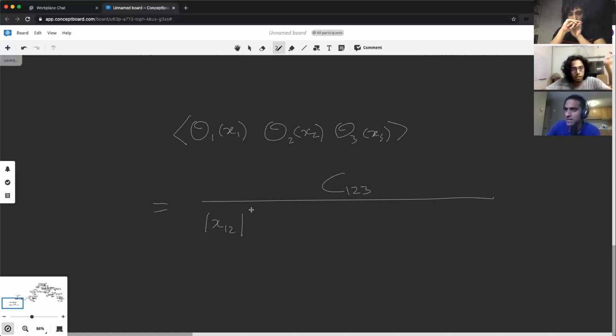So you have these differences, and I'll write these down as delta: delta 1 plus delta 2 minus delta 3, then x 2,3 to the delta 2 plus delta 3 minus delta 1, and the last term is x 3,1 to delta 1 plus delta 3 minus delta 2.